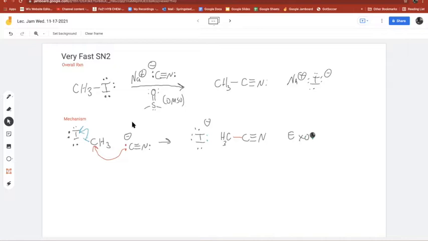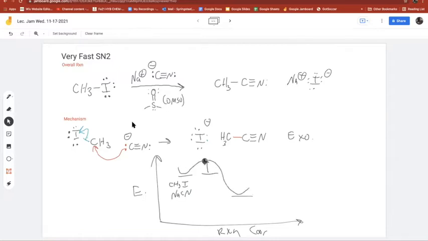So let's go all in on this. Let's do the reaction coordinate diagram too. Why not? Reaction coordinate energy. Exo. So I start here with my methyl iodide and my sodium cyanide. And here we go. Bimolecular rate determining step.